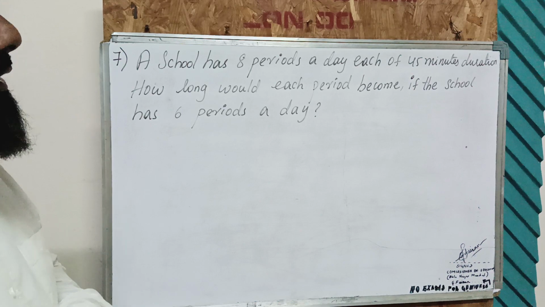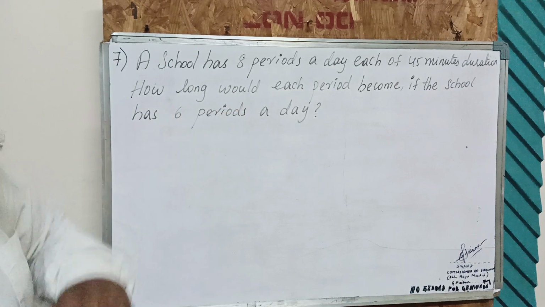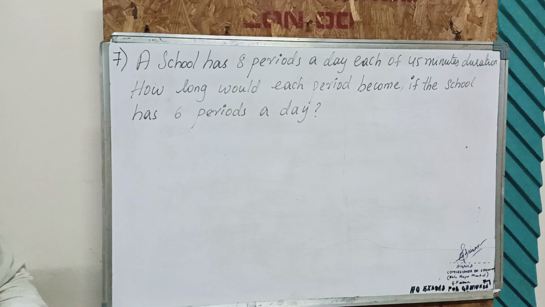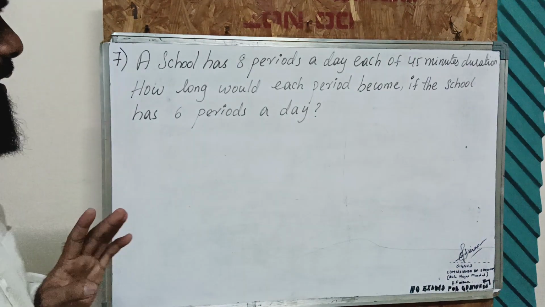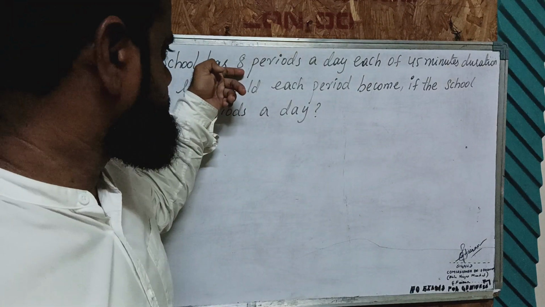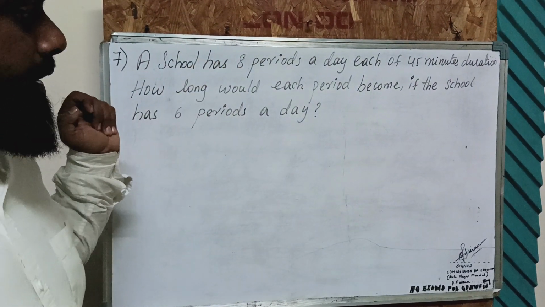Now here the school has 8 periods a day, each of 45 minutes duration. How long would each period become if the school has 6 periods a day? Meaning the number of periods is getting reduced from 8 to 6.